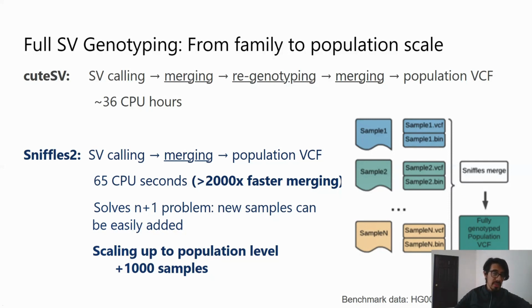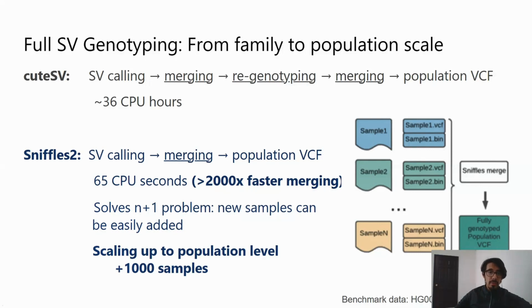In this example, we have a family trio: mother, father, and proband. The second step for CuteSV will be a merge of the structural variants that were called for these three individuals. Next, we will do a regenotyping step, which will require reading the alignment files again. This step is very slow.